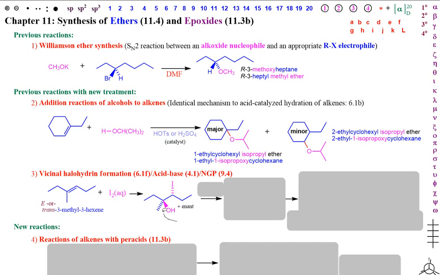Now, if I can take this proton off this oxygen, I will create a nucleophile in the same molecule as I have a leaving group. That brings to mind the neighboring group participation found in section 9.4. Hydroxide base would do the job.